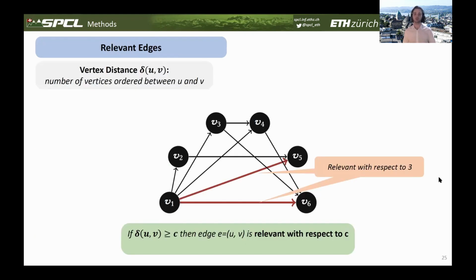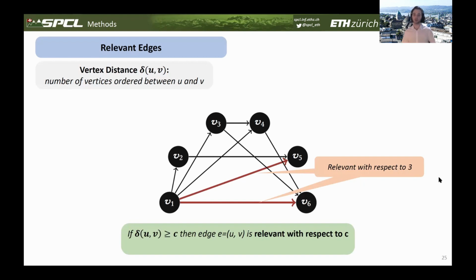The edges that could potentially be candidates to start a new recursive call, we say are the relevant edges. And so in the analysis, we are always looking at edges which are relevant with respect to a certain size of the clique that we are still looking for. So we say if the vertex distance is larger than C, then the edge is relevant with respect to C. And this will mean that we can still find a C-clique in this induced subgraph that we are recursing on.